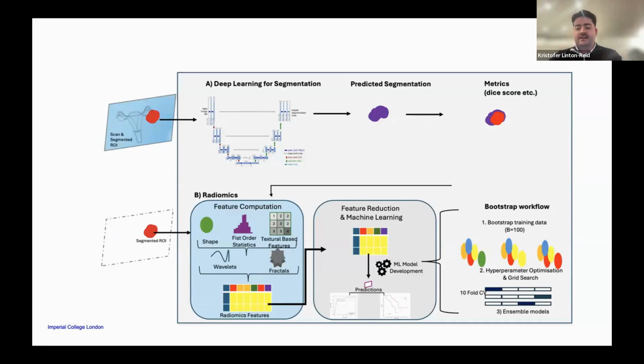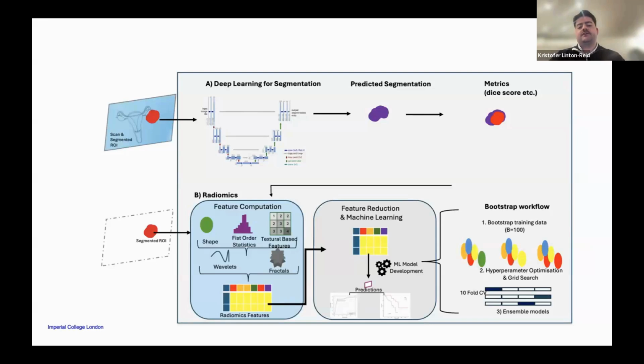So that, in this case, could be an ovarian cancer or an adnexal mass. And probably one of the more frequent ways to build these models is through a convolutional neural network. Perhaps one of the most widely cited papers within biomedical imaging and deep learning is the UNet paper.